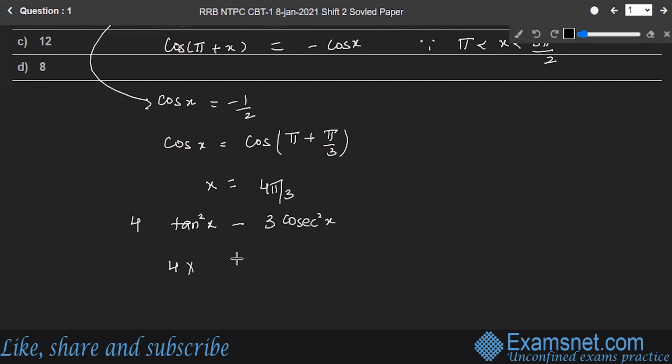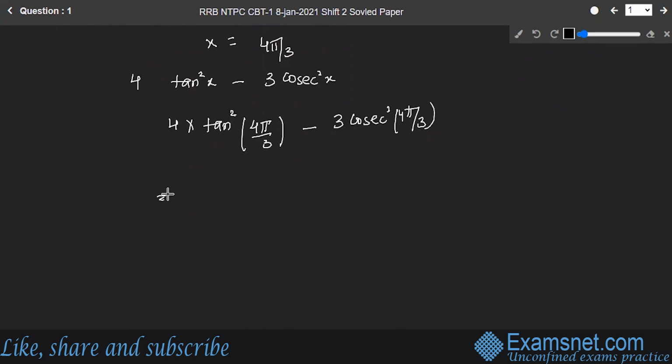4 multiplied by tan square 4 pi by 3 minus 3 cosecant square 4 pi by 3, which is actually equal to 4 into root 3 square minus 3 into minus 2 upon root 3 square.